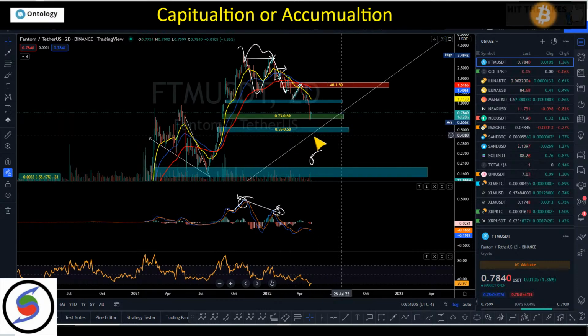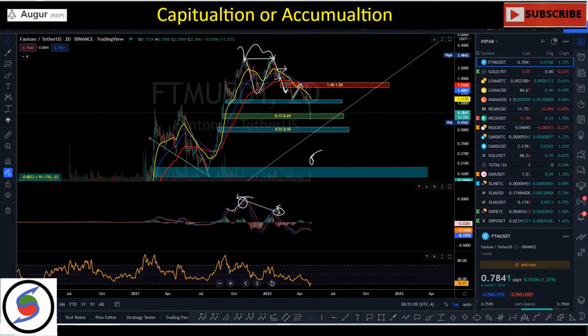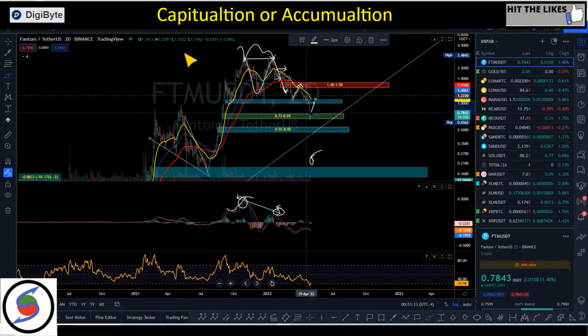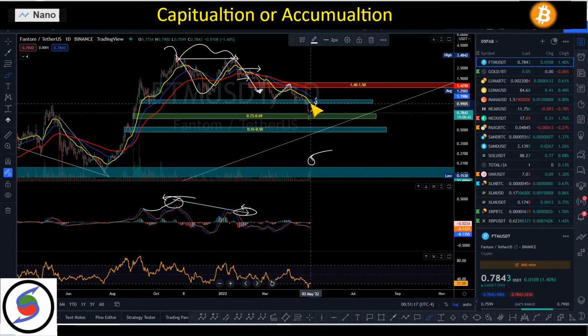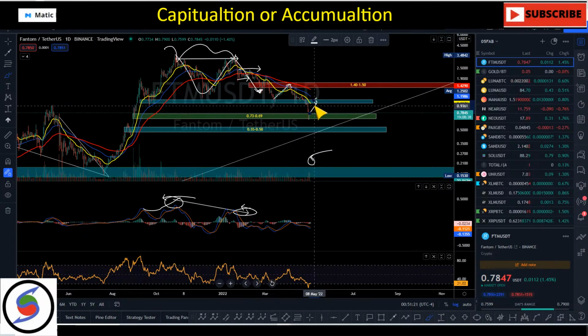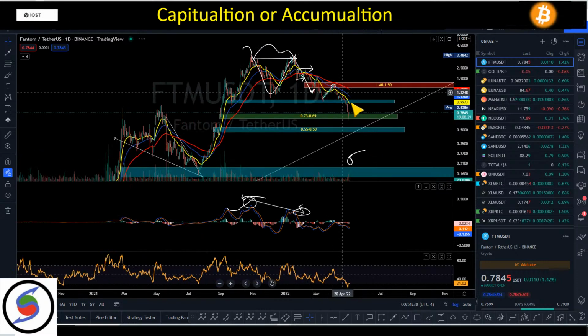Next temporary support is going to be 55 to 50 cents. Could it push higher? Yes, it can. If it pushes higher, you've got your daily 21 as your primary resistance. As of now, it is at 95 cents. It could be anywhere between 90 and 95 cents within the next few days, but that's going to be the primary resistance if it pushes that high.